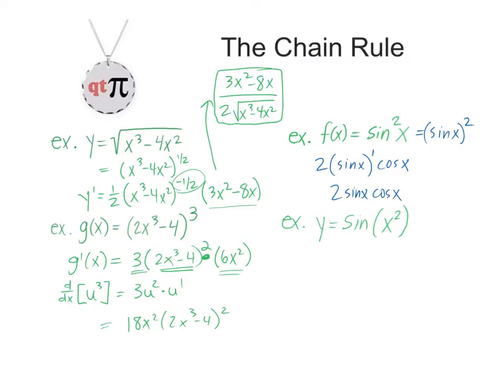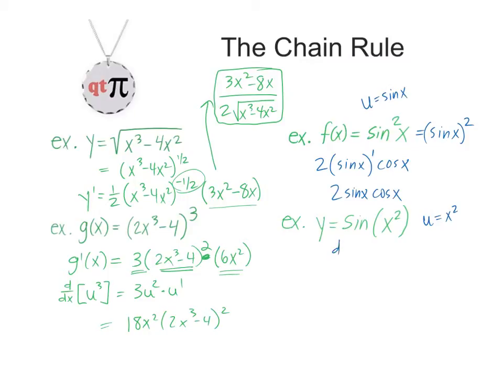All right, something squared is 2 times that thing to the first, but you have to remember to tack on that derivative of that thing. All right, u is sine x in this case. Now, we also have a rule for derivative of sine of something. In this case, u is x squared.